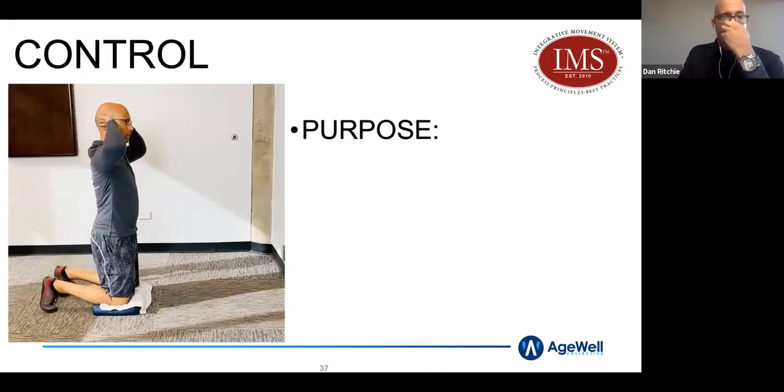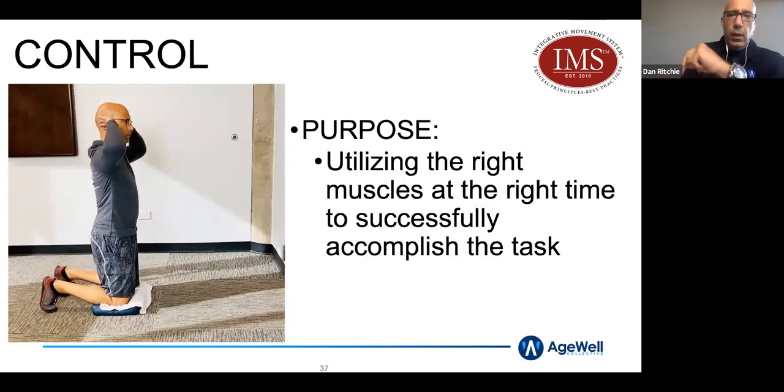Now, we also need to teach your client how to control that thoracopelvic cylinder and maintain alignment. Control is all about utilizing the right muscles at the right time to successfully complete the task. So even though you're like, how does doing a quadruped or modified plank improve thoracic rotation? Because it improves the alignment and control of the thoracopelvic cylinder.